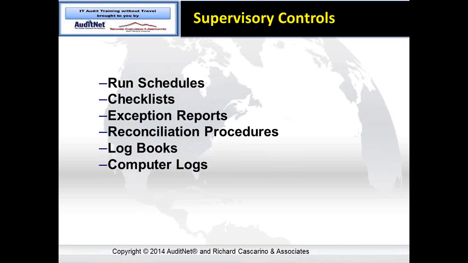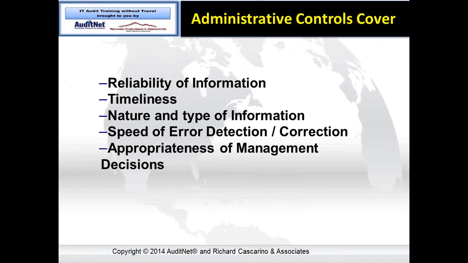And I can get that out of my CAATs, looking at those logbooks, looking at reconciliation procedures, looking at all the controls we're relying on. They also look after the reliability of information, timeliness, nature and type of information, the speed of error detection and correction, and you can pick that up from the log files again.